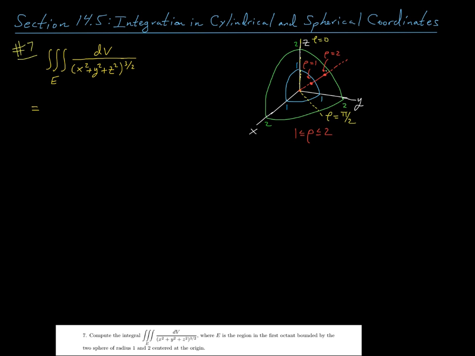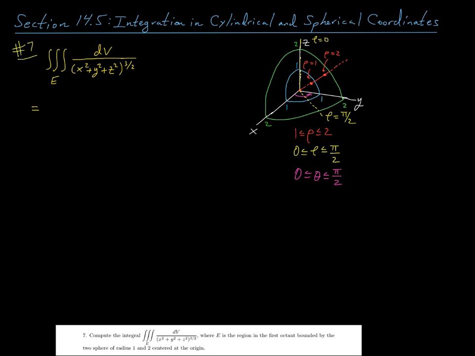So we vary phi from 0 out to pi over 2. And then lastly for theta, since we're looking at a region just in the first octant, theta is going to have to vary from 0 up to pi over 2. And so these are our bounds on theta.